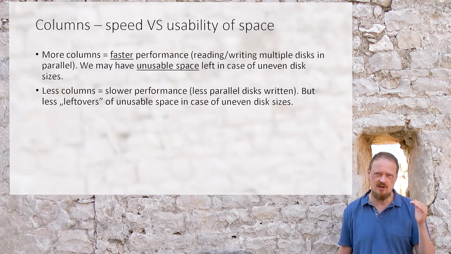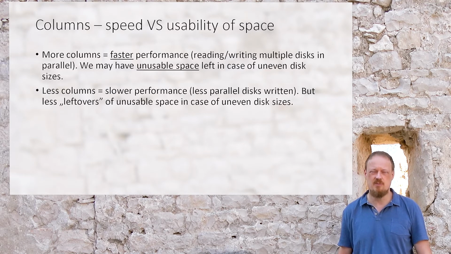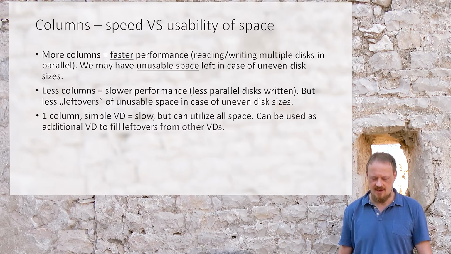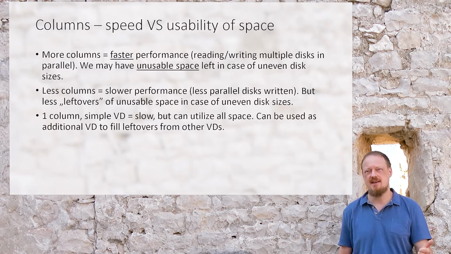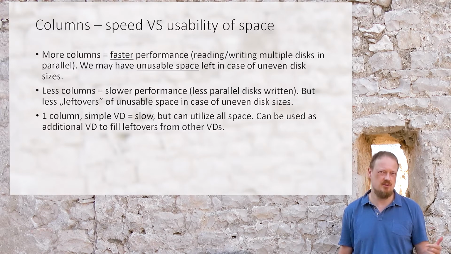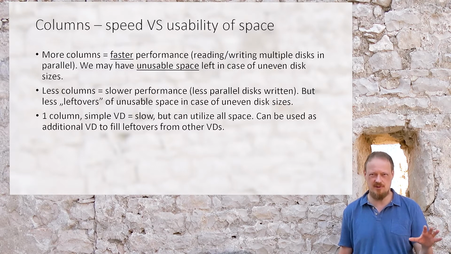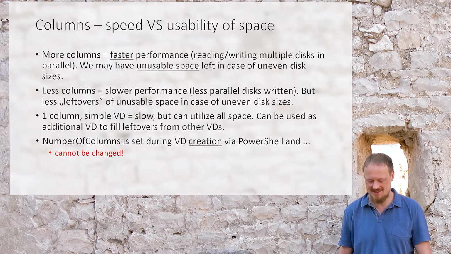But if you have a low number of columns, you will probably use most or all of the space you can use of all the drives you have, but the speed will be slower. The extreme would be to have one column, and that is very, very slow, but you can use almost all the space you have in disks.